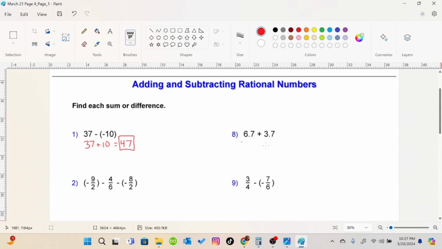Number 8. When we add these, I have 6 plus 3 in the whole number, so that's 9. And I have 0.7 plus 0.7, which becomes 1.4. And now 9 plus 1.4 becomes 10.4.